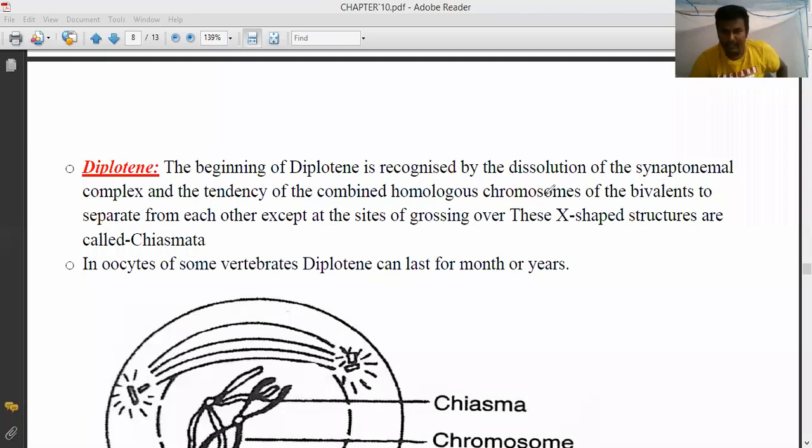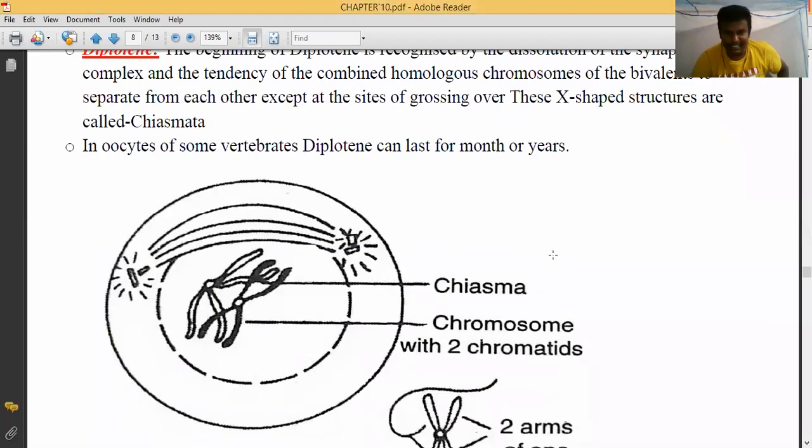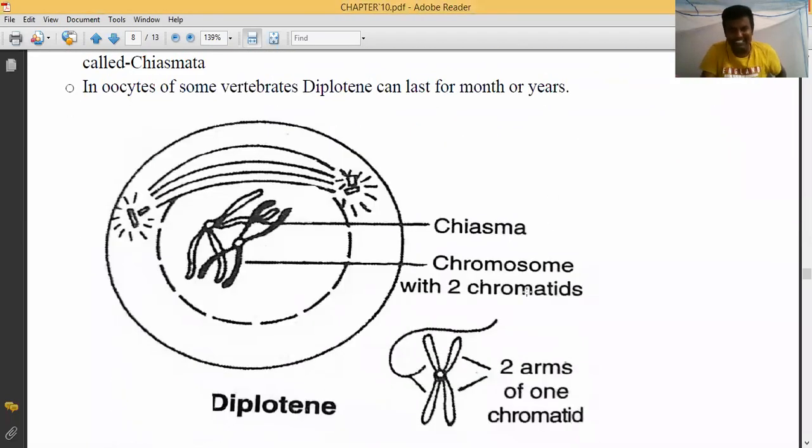See here clearly, chiasmata. These are centromeres. It is one chromosome. Where crossing over occurs, except that place, the remaining are separated. See, this chromatid is separated. So chromosomes with 2 chromatids.